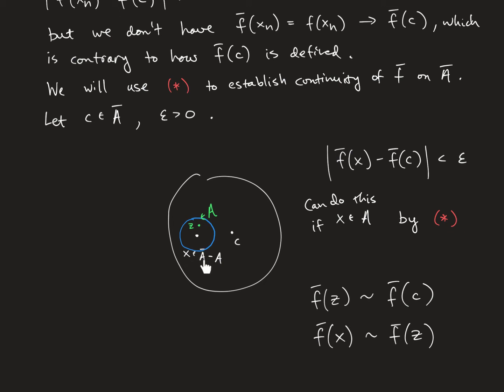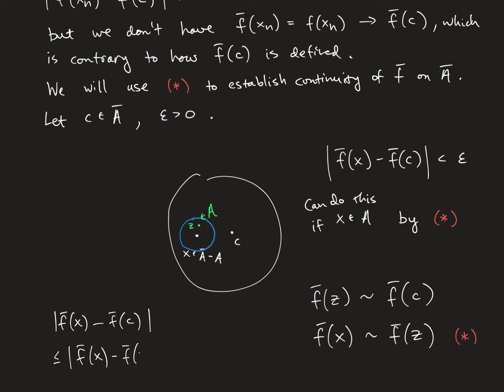Because this X is something in A bar, and by our red star, we can just restrict things close enough to this X such that whenever you have anything in A within that prescribed amount of X, then the F bar images of them are close together. And this will allow us to do a triangle inequality argument, right? So we'll be able to say that F bar of X and F bar of C can't be separated by more than this.